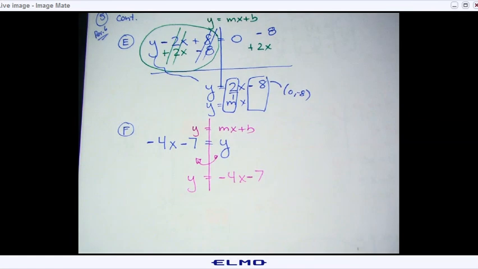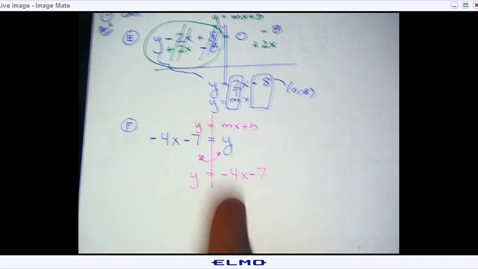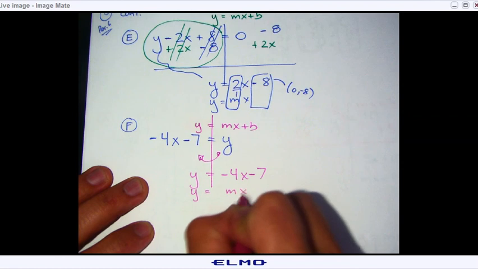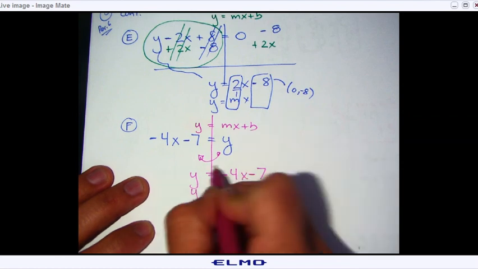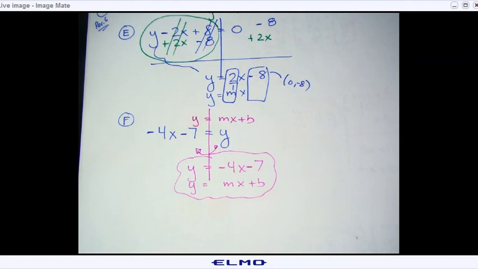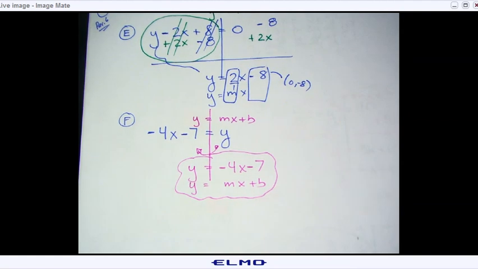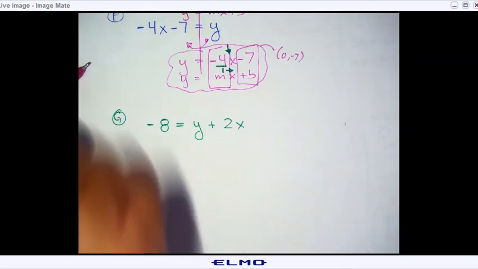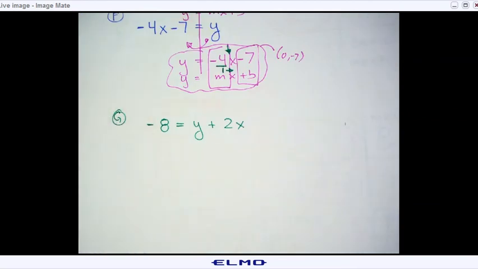You're just swapping them, and that's okay. And then, oh, there's my answer. Y equals mx plus b. There's my answer. That's it. See that? That was an easy one. All right. But a lot of kids, it throws them off. I don't know. So we're going to do it two different ways.